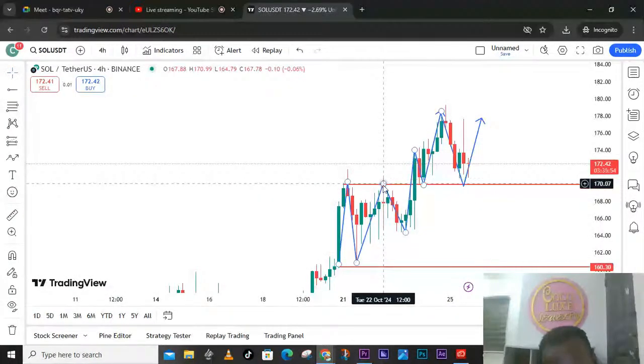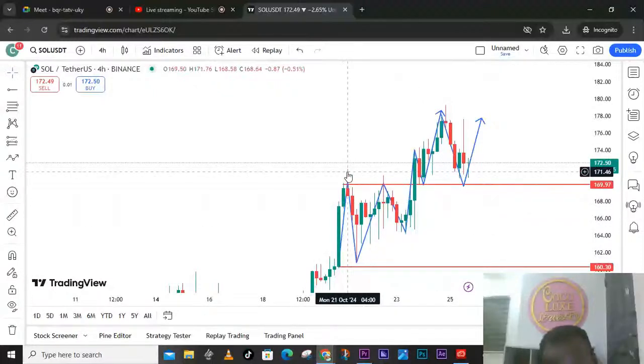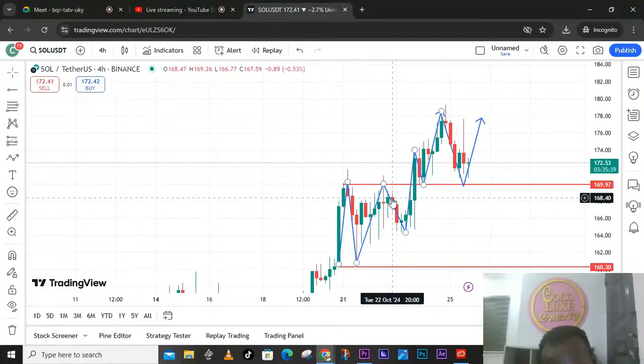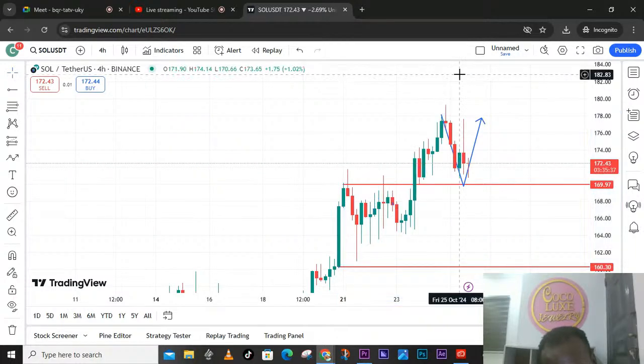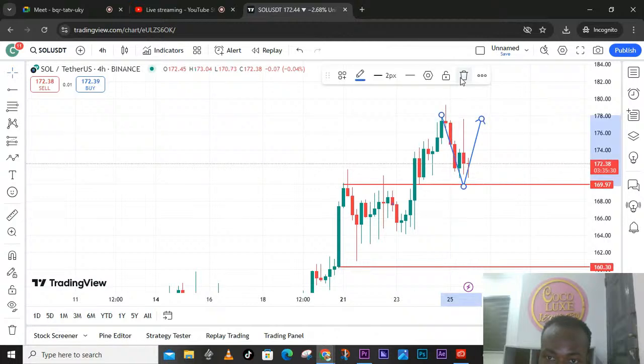No, after the high of the week. This is the high of the week. That place. That is an inverted hammer up there. Wait, let me remove these arrows. Is it this inverted hammer? Is it this one? Yeah.